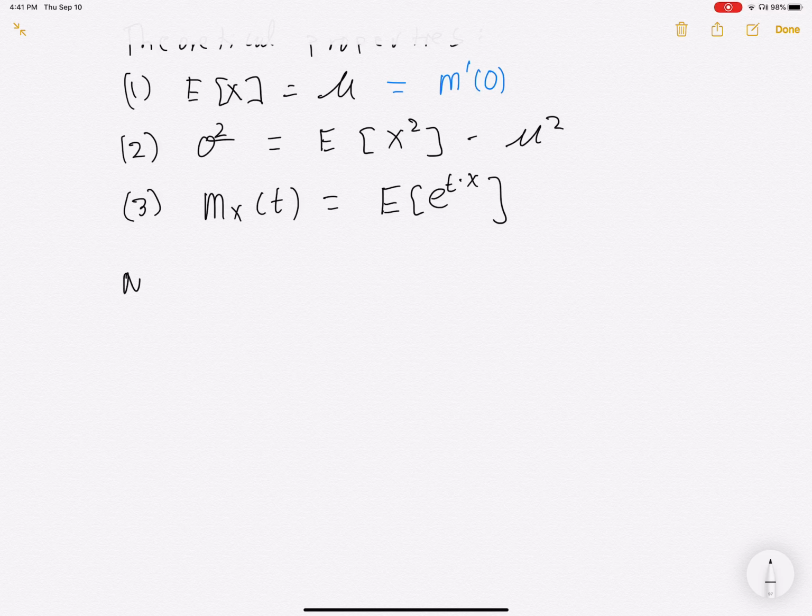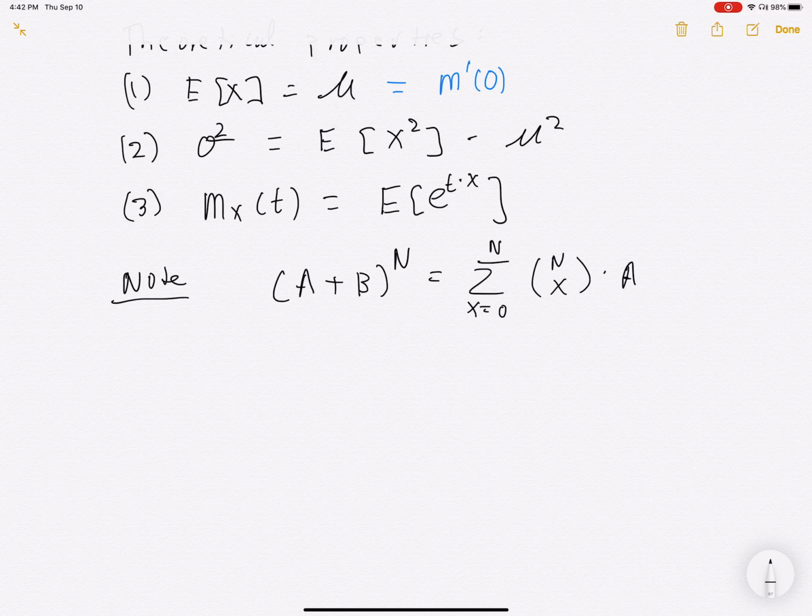So one thing that I'd like to note is that a plus b to the nth power is this summation from x equals 0 to n, where x is the index, of n choose x times a to the x times b to the n minus x.